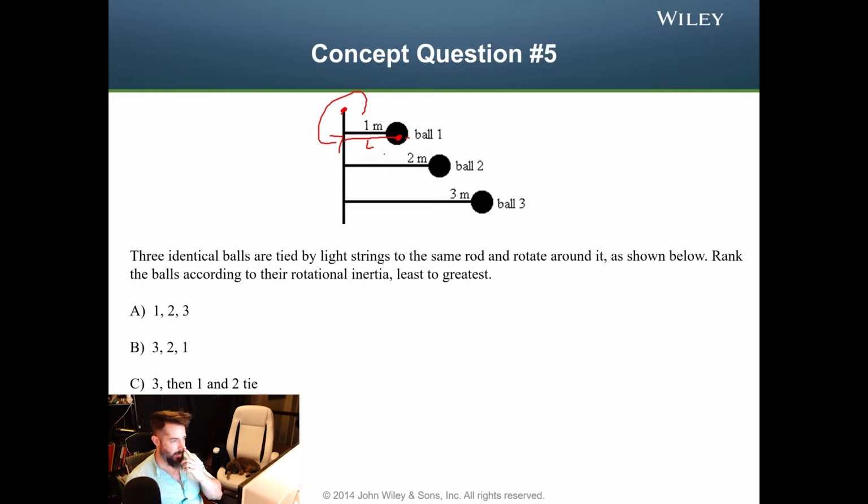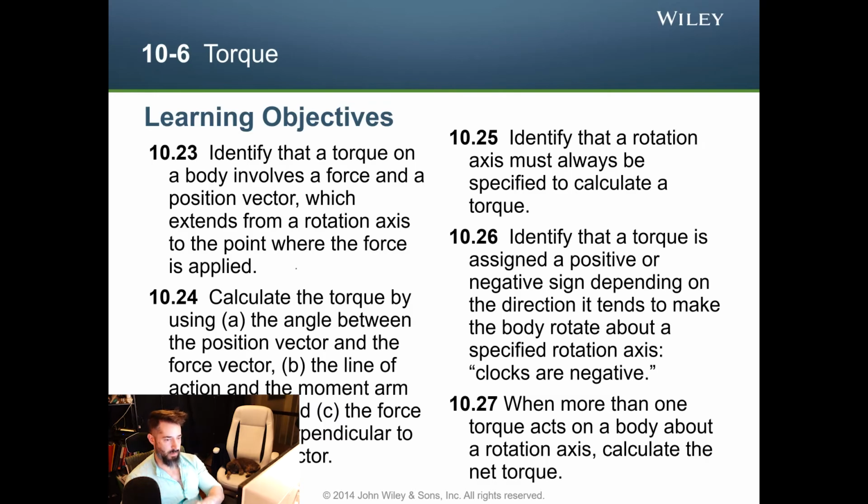So basically, the longer the length, because we know it's the same mass every time, the greater the inertia. So the least inertia must be 1, and the greatest must be 3. So 1, 2, 3, which is the answer.